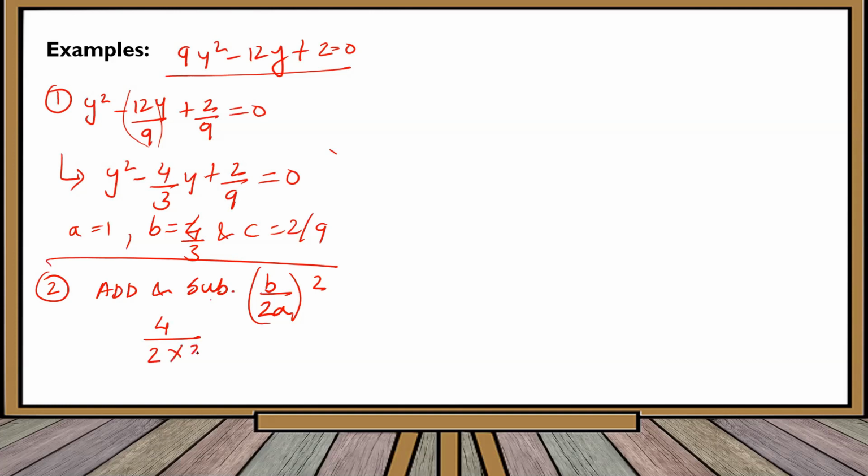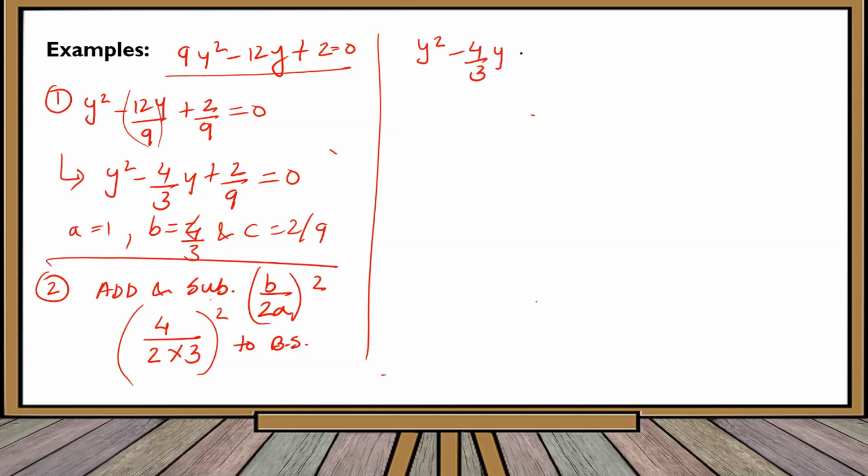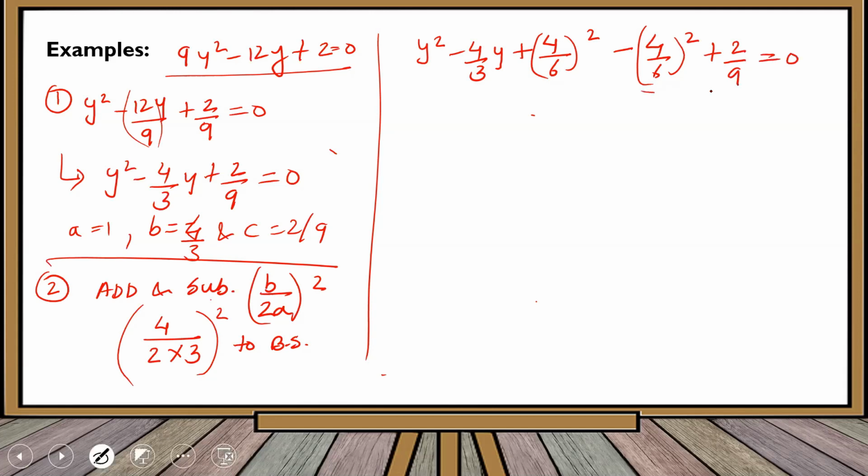It will be 4 upon 2 into 3, whole square, to both sides, right? Y square minus 4 by 3 y plus 4 by 6 whole square minus 4 by 6 whole square plus 2 upon 9 equal to 0.